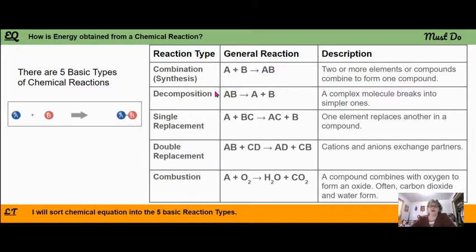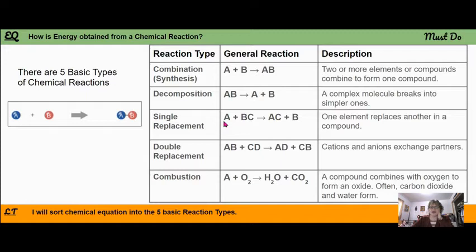In a decomposition reaction, you have just one compound, and it is going to decompose or split apart into one compound plus another compound. So you have a complex molecule that breaks up into single molecules. Then there's the single replacement.